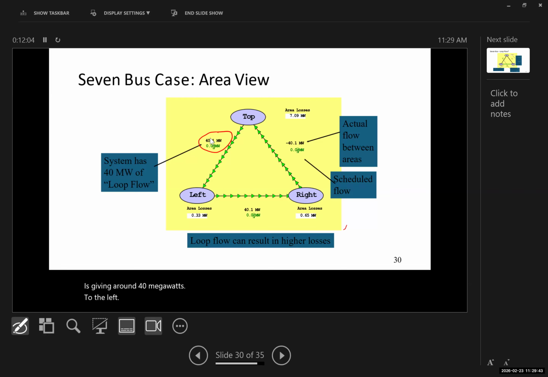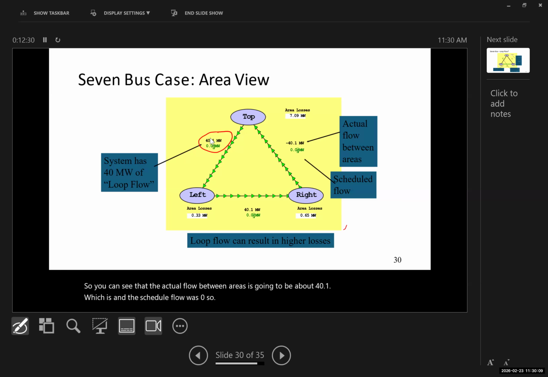So the system has 40 megawatts of loop flow. And left is giving another 40 megawatts to right. And right is giving around 40 megawatts to top. So you can see that the actual flow between areas is going to be about 40, and the scheduled flow was 0.